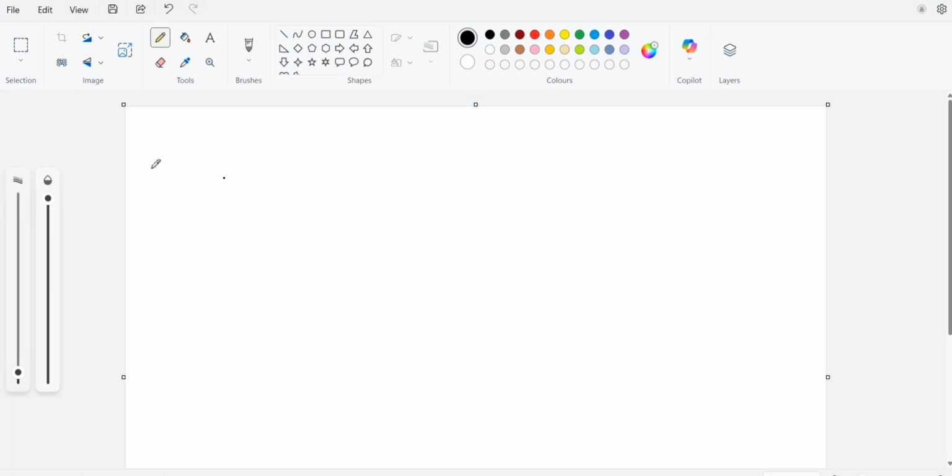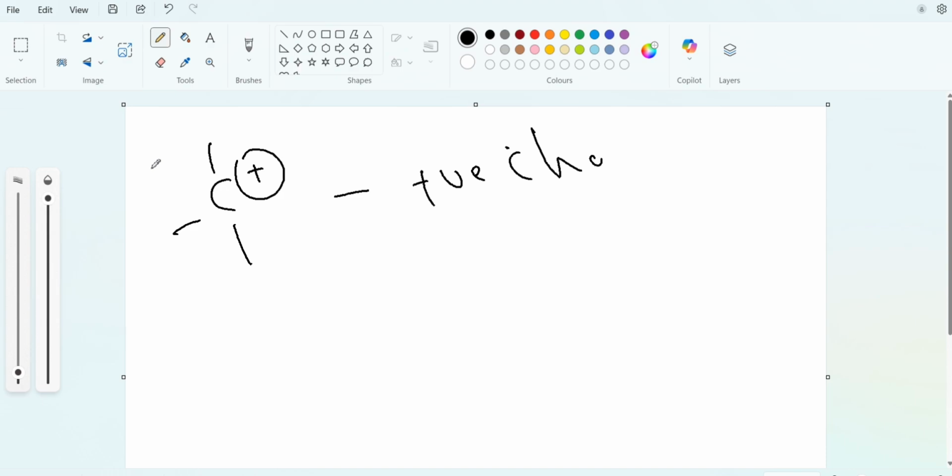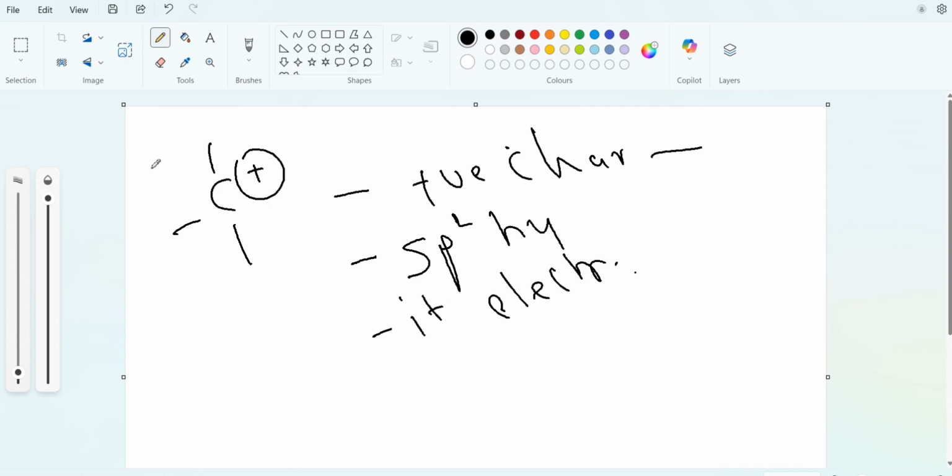So in short, the carbocation contains a positively charged ion. That is the first main feature. Then second, it undergoes sp2 hybridization. Then it acts as an electrophile because it is an electron-loving species.